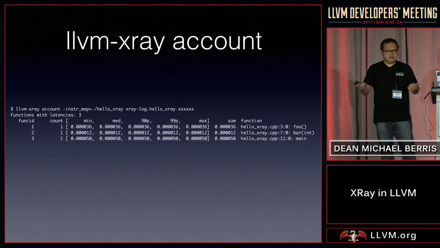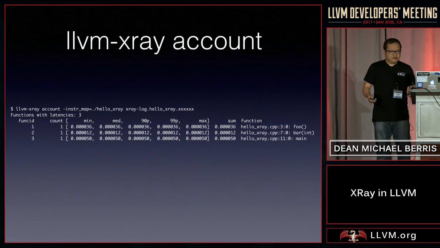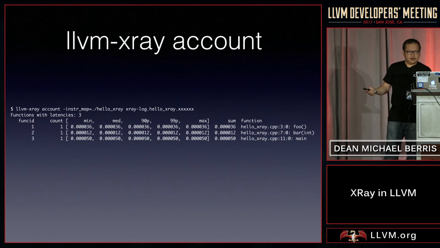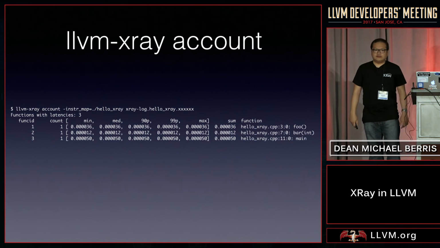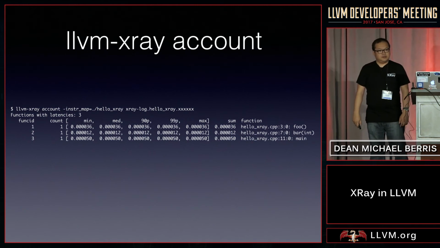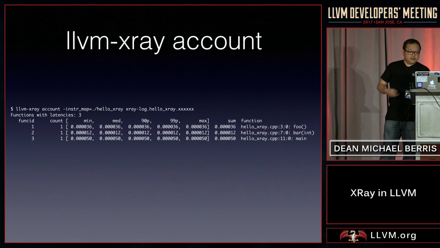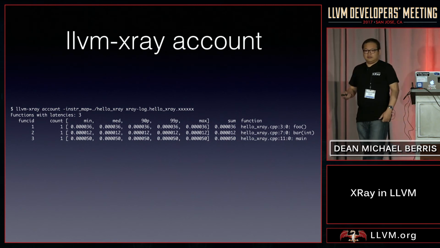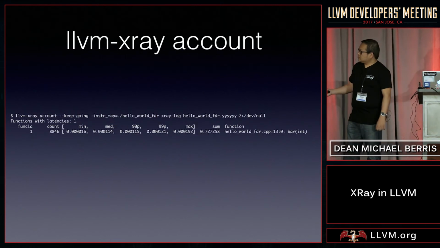So you can imagine, well, it took 36 microseconds to do that? Yeah, actually, some parts of the standard library are slow. Bar is the same, but quicker because it didn't need to do the initial setup of your IO streams library. And main took the combined time plus a few more things.